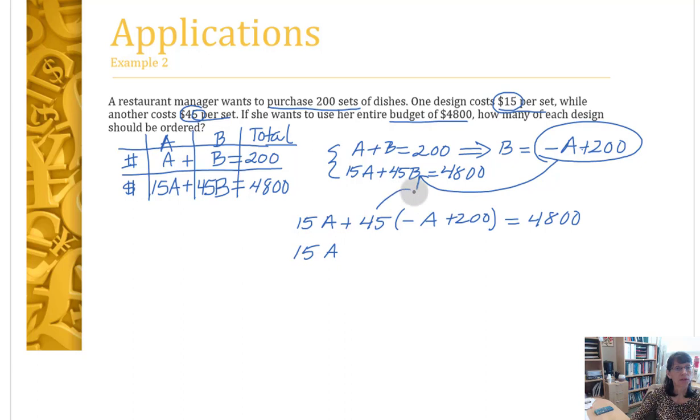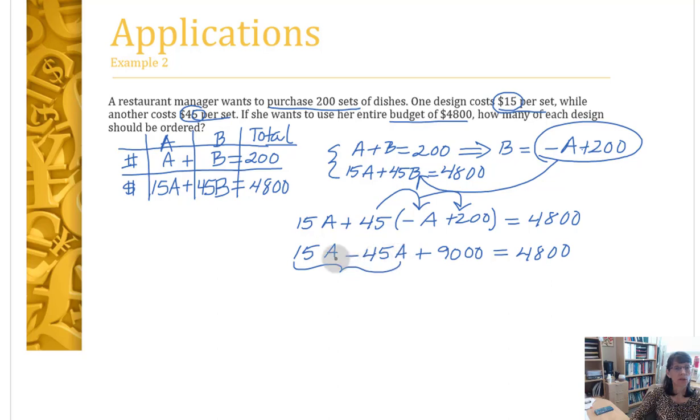15A, and 45 distributed to each of the terms in the quantity. That gives us negative 45A for the first term, and then a positive times a positive means we will be adding our next term. So the product of 45 times 200 is 9,000, equal to 4,800. Now to solve for A, we're collecting our like terms.